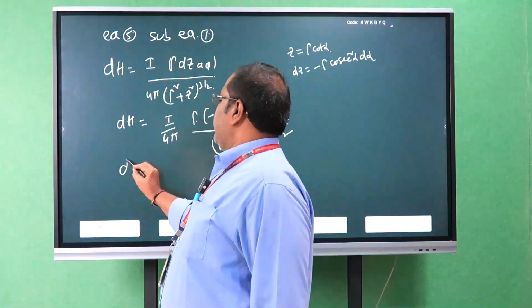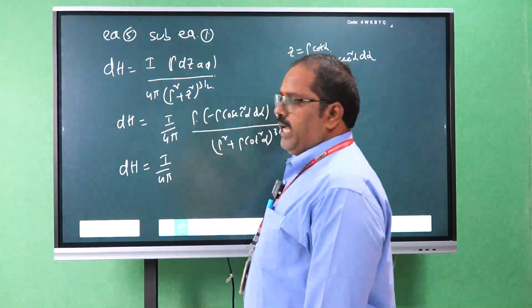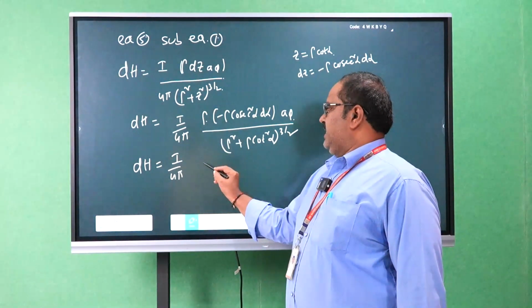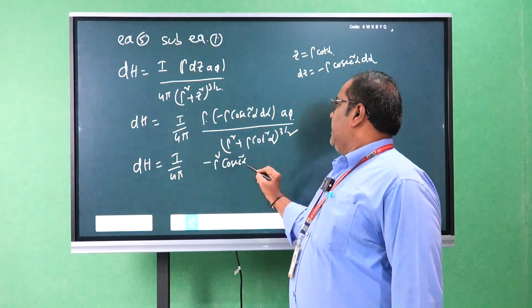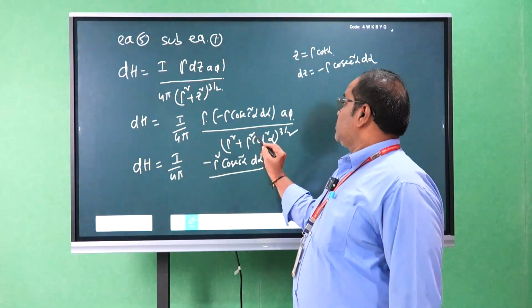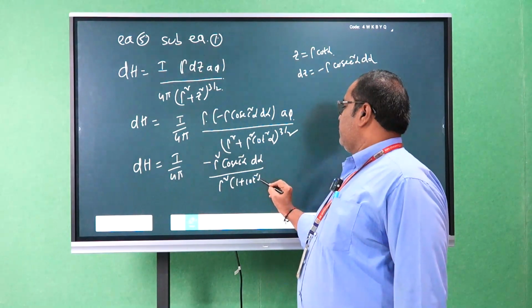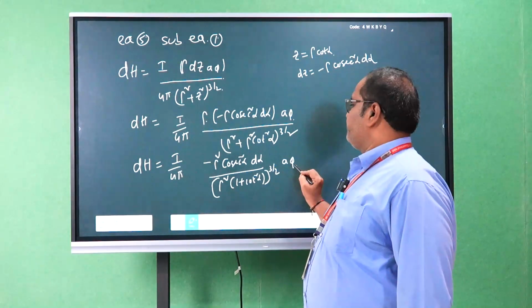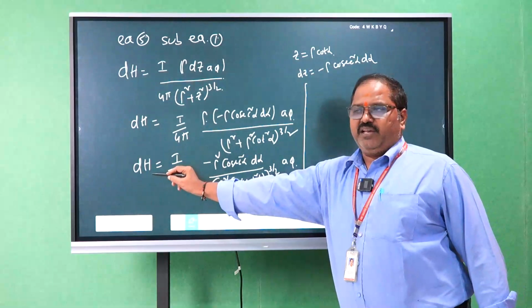Therefore, the differential magnetic field intensity dH is equal to I by 4 pi times minus rho square cosecant square alpha d alpha by rho square, common, 1 plus cot square alpha whole power 3 by 2, a phi.